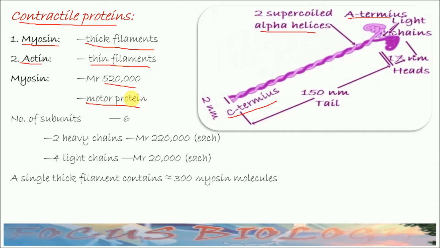It means it has 6 subunits, 2 heavy chains, these are alpha subunits, and 4 light chains. Here it is 1, 2, 3 and 4 light chains with 20,000 molecular weight each. A single thick filament contains about 300 myosin molecules in skeletal muscles.